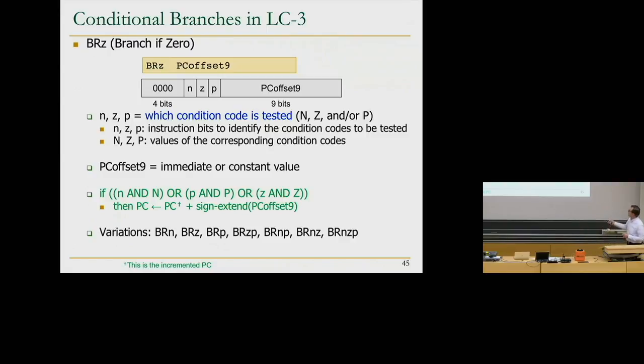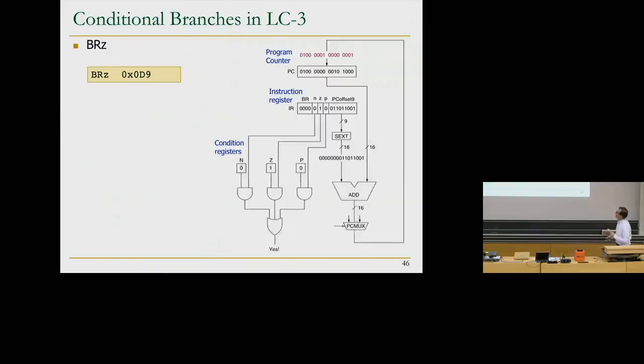For example, BRnp tests the N and P condition codes. If either of them is true, then you branch. So if this condition evaluates to false, then you go to the next instruction. Right? So basically you're testing a value. If A is equal to 0, go somewhere, do the if statement, otherwise fall through. Makes sense, right? Okay, so that's the BRz.